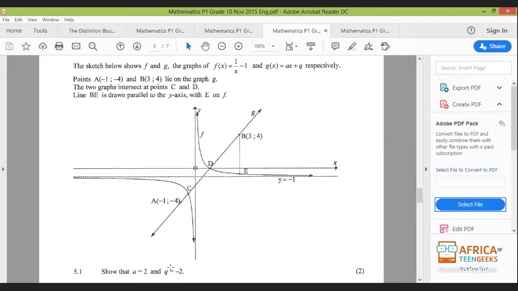Show that a equals 2, of which a is the gradient of g(x). And q, it's where it cuts what? On the y-axis, basically. So now, who wants to explain this to us?